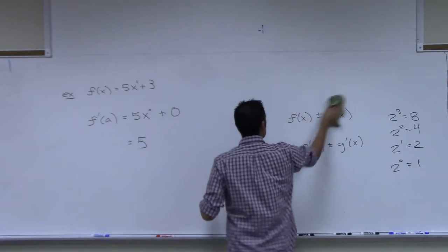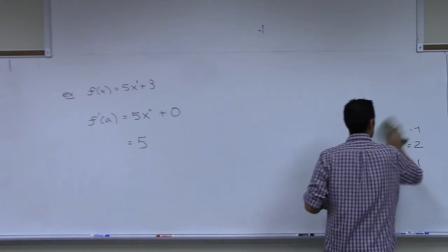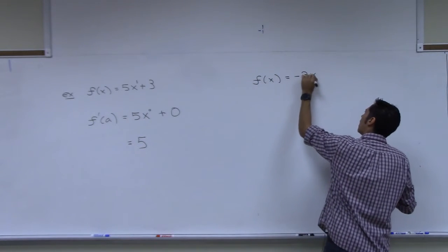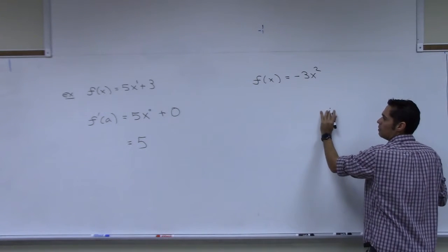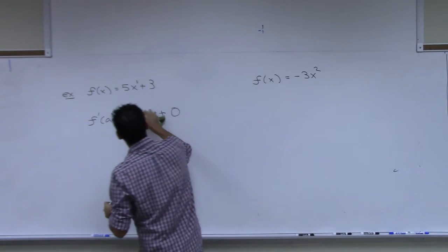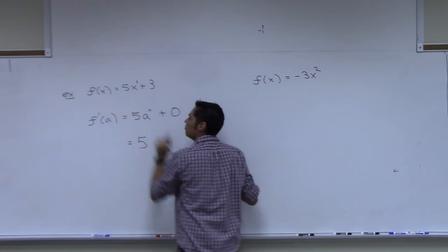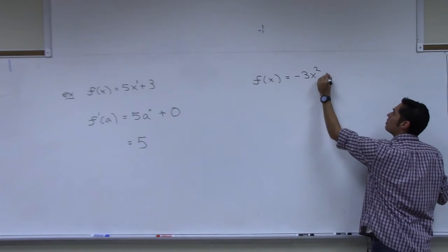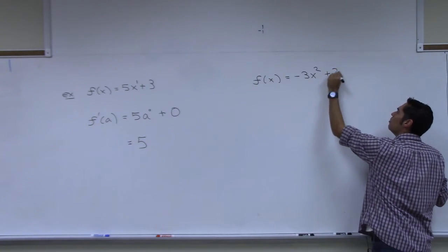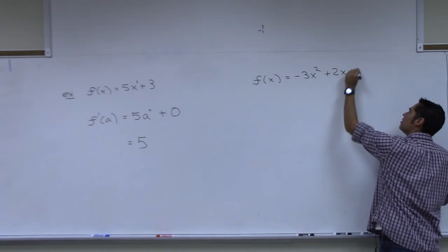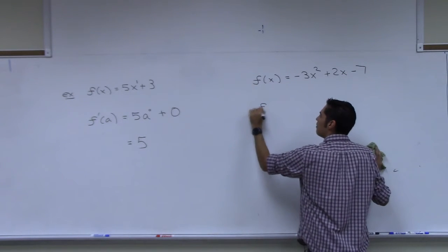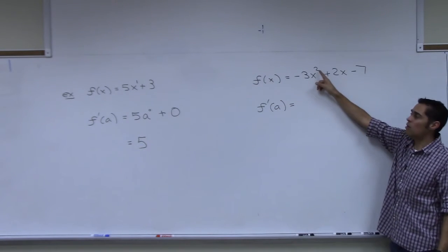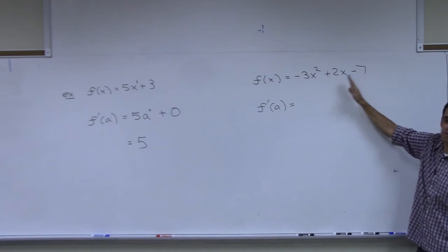What was the last example that I had you work on by yourselves or together? That was f of x equals negative 3x squared plus 2x minus 7. Oh, you know what? Hold on. This should have been an a here. Pardon me. So now, if I want to find f prime of a, there's 3 different pieces, right?